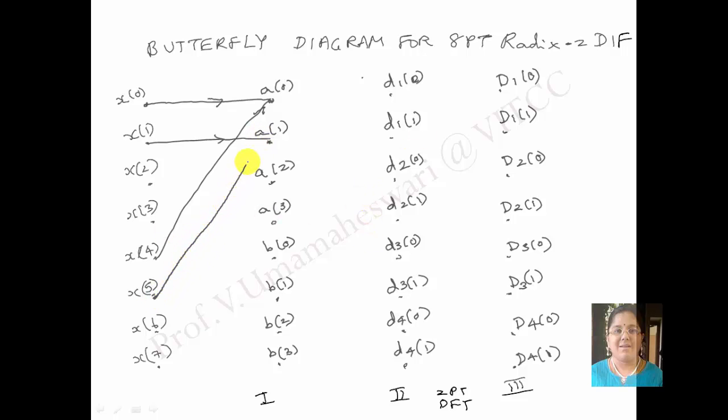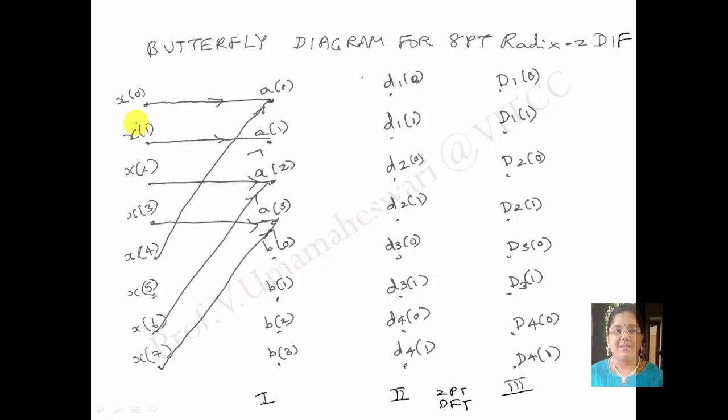That is, A of n is nothing but x of n plus x of n plus N by 2. Similarly, A of 2 will be x of 2 plus x of 6, and A of 3 will be x of 3 plus x of 7. Is that clear?